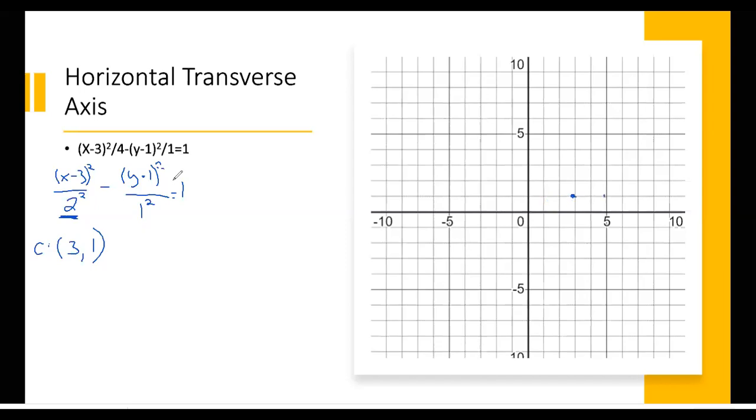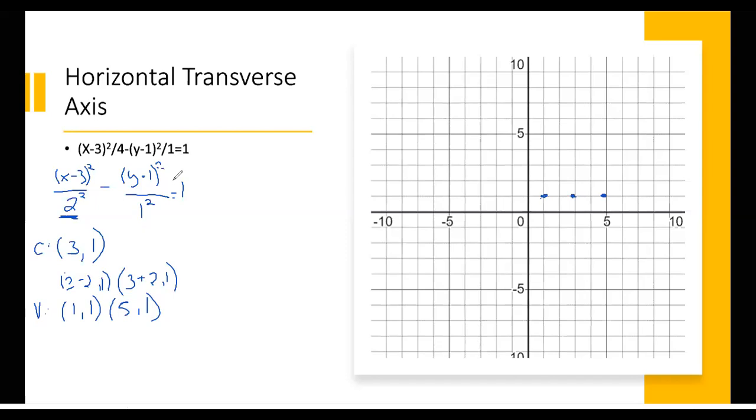So we have a point here and a point here. If you're mathematical, this becomes 3 minus 2, 1, and 3 plus 2, 1, and this will come from the formulas. I usually graph it and look at what my points are. 3 minus 2 is 1, so (1, 1). 3 plus 2 is 5, so (5, 1). So these are my vertices.